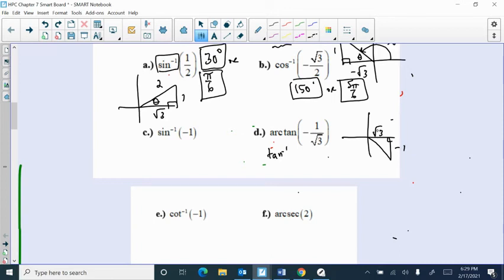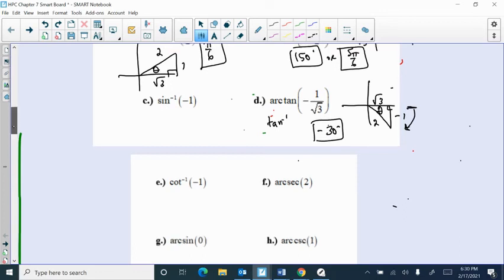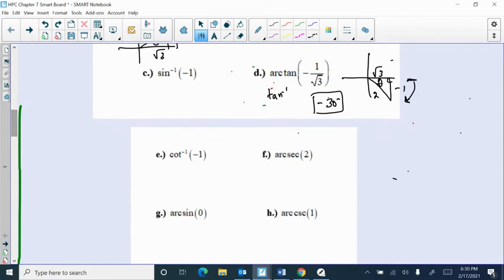So opposite over adjacent, hypotenuse would be 2. That's your theta. And remember that when we label things, down here, it's going to be a negative answer. So that's -30 degrees, or negative pi over 6. So even though other angles might have that same tangent ratio, the principal one would be -30, or negative pi over 6.